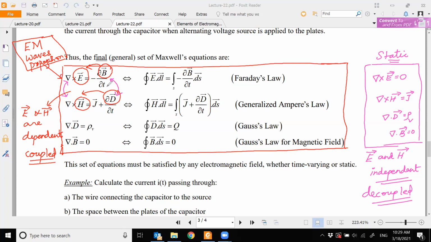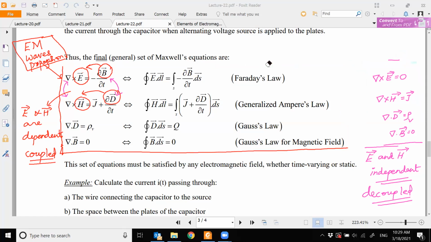As I told you, the right hand side is the source and the left hand side is the effect. So the magnetic field is becoming a source for the electric field, and the electric field is becoming a source of the magnetic field. That's why you have this electromagnetic wave, and this enabled all our wireless transmission of electromagnetic waves.